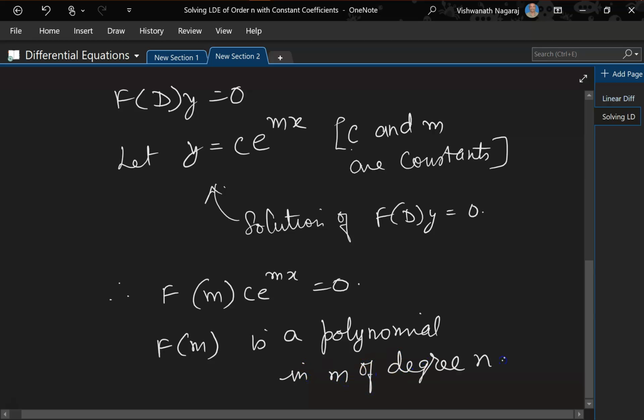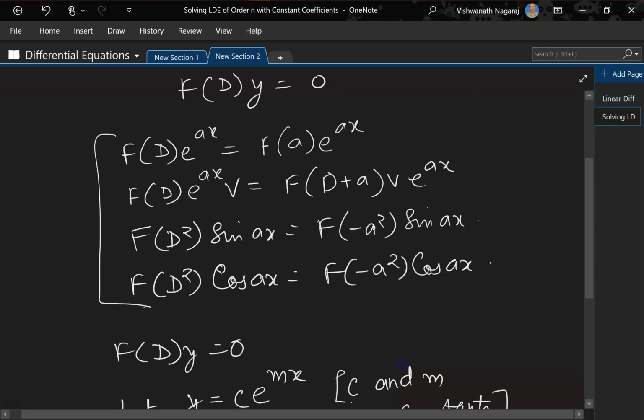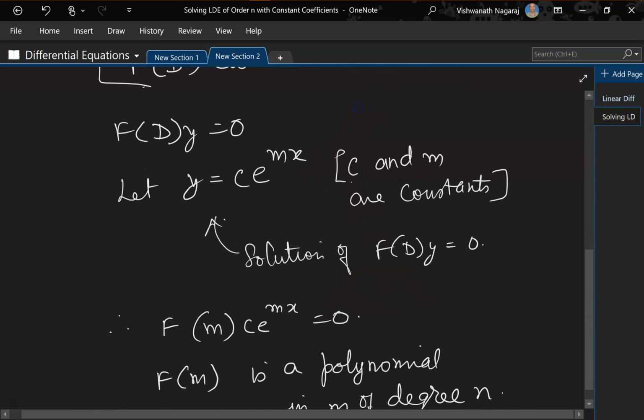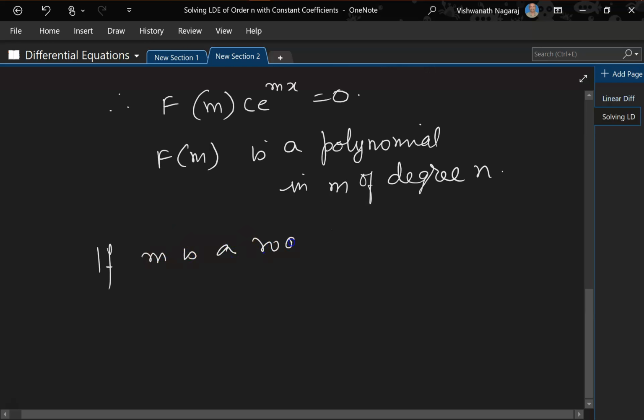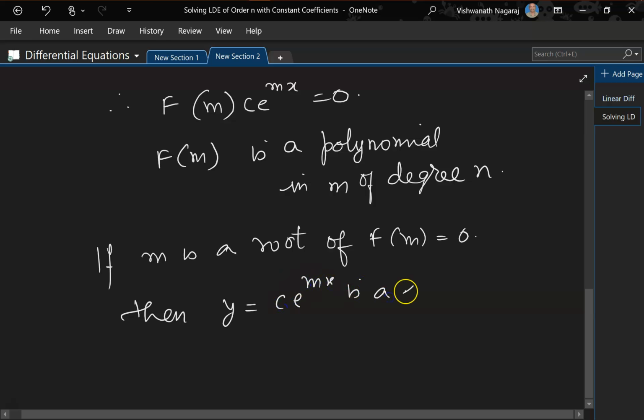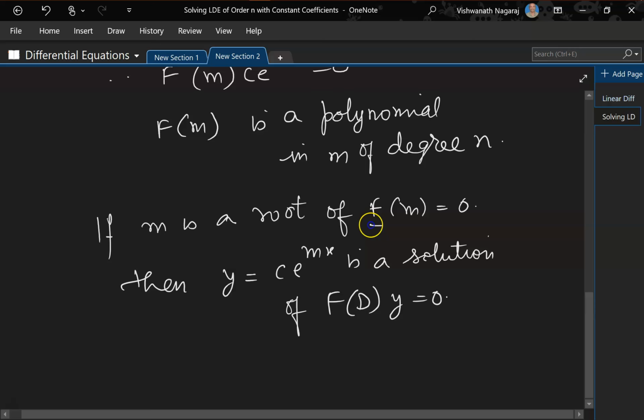Now you might wonder, from where did this suddenly f of m come? You see, if we have e^(ax), that a comes here. Similarly, since we have e to the power of mx, we are taking f of m. If m is a root of f of m equal to 0, then y is equal to c e^(mx) is a solution of f of D y equal to 0.